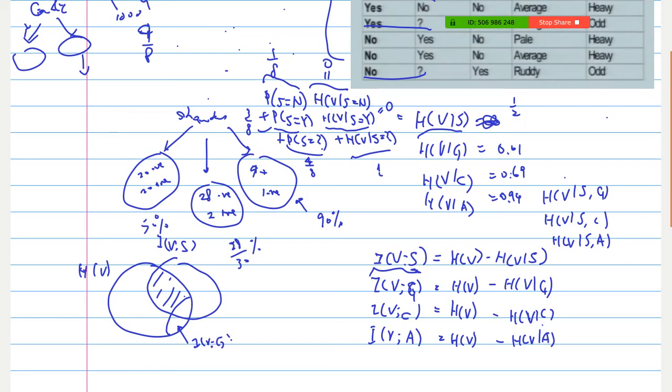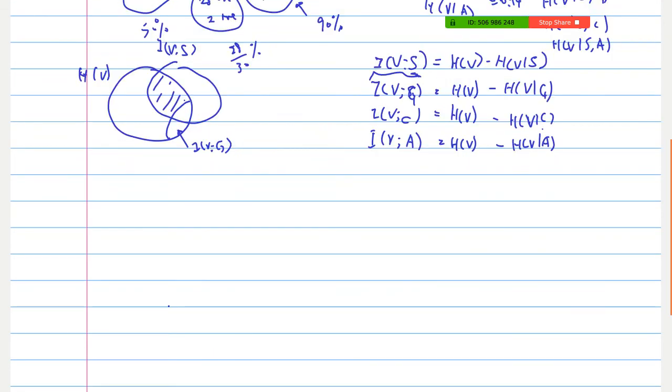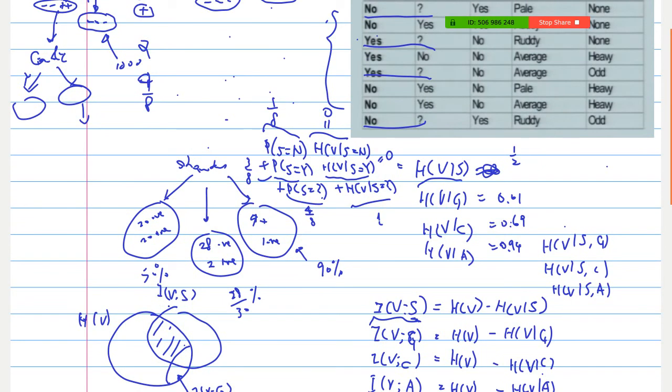I want to maximize this, find the one that shares the most mutual information, and that is equivalent to minimizing the remaining one, right? Yes. And this is just a tree algorithm.